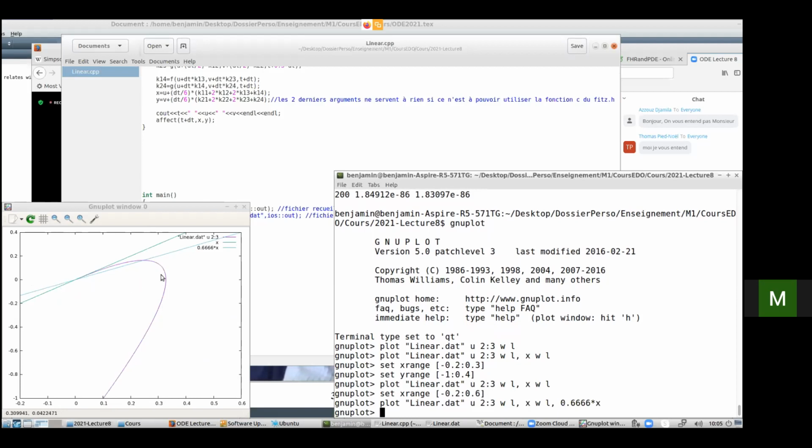When the trajectory crosses the y-axis, which is here, the direction with respect to the x-axis changes. Here I'm increasing with respect to x, and then when I cross the y-axis, I change.